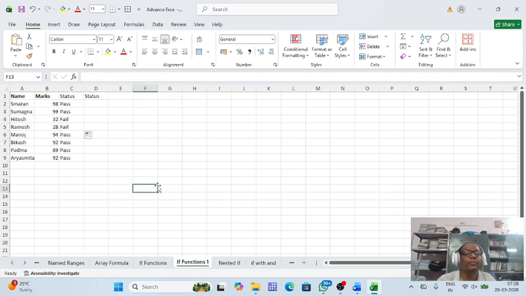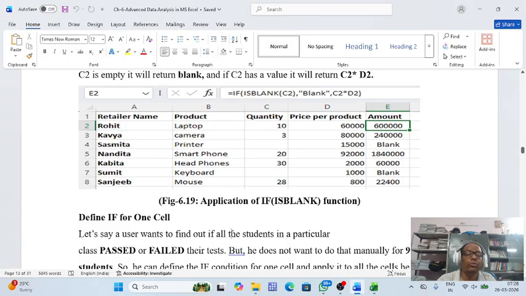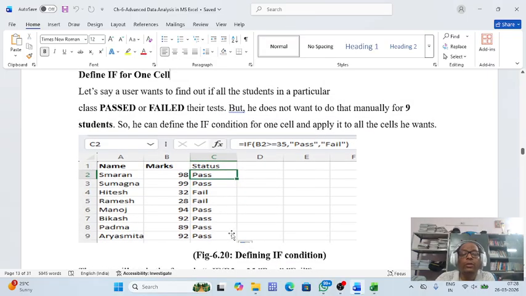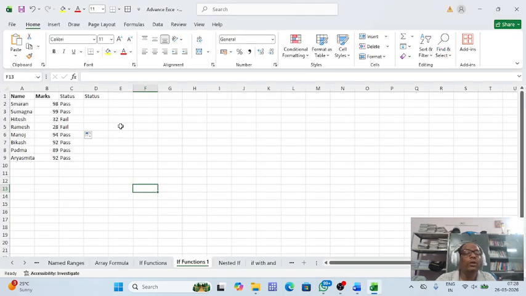The second thing is that IF is used as a logical function where you can get the status of pass and fail. You can see that the marks are given for around 8 students, 95, 98, like that.